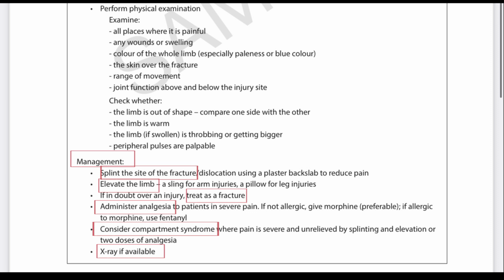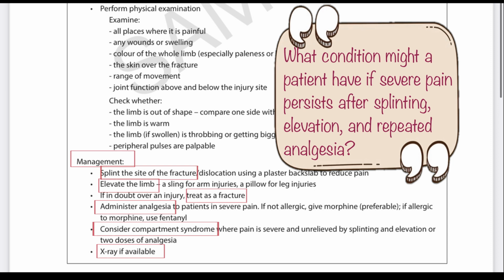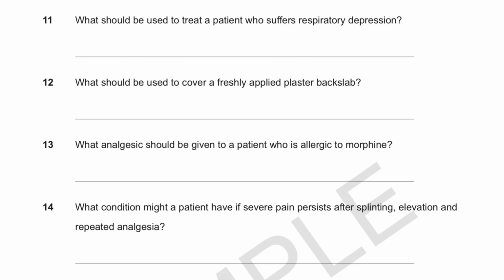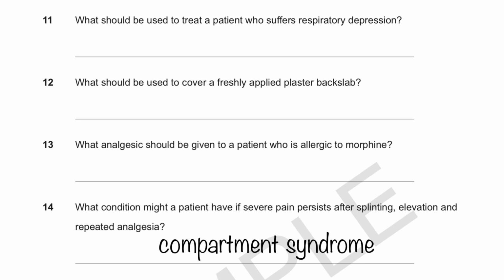So scanning the text: management, splint the site of the fracture, elevate the limb, administer analgesia, consider compartment syndrome where pain is severe and unrelieved by splinting and elevation or 2 doses of analgesia. So there you go. The answer is compartment syndrome.